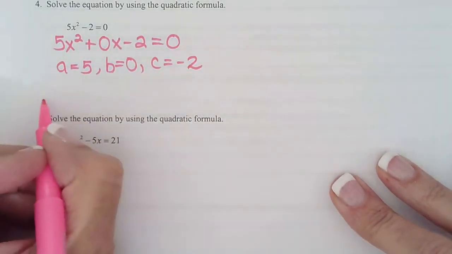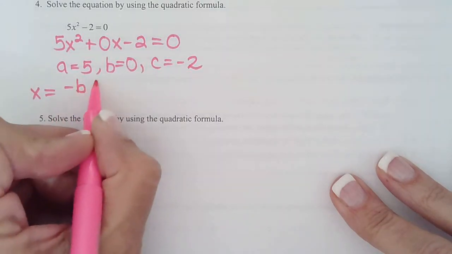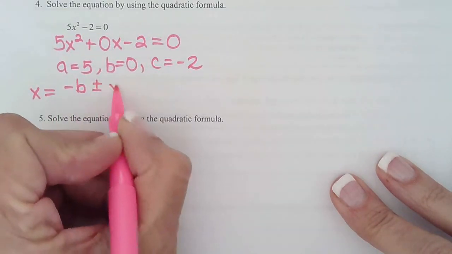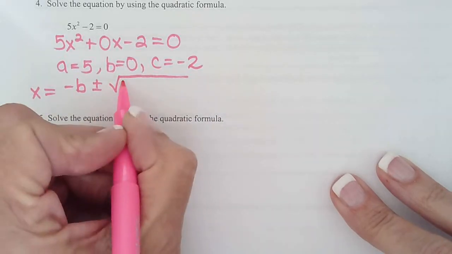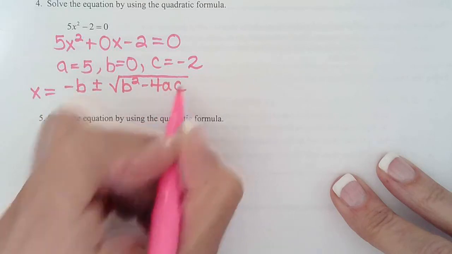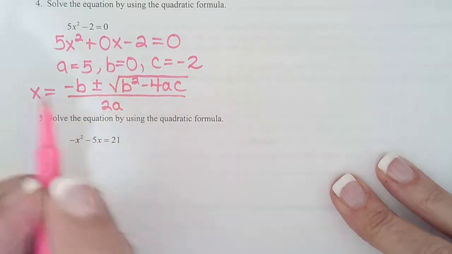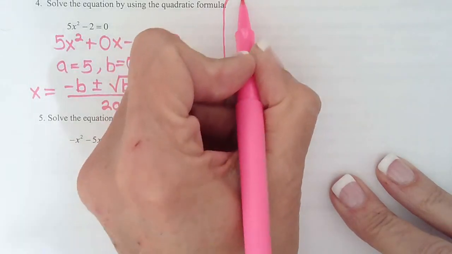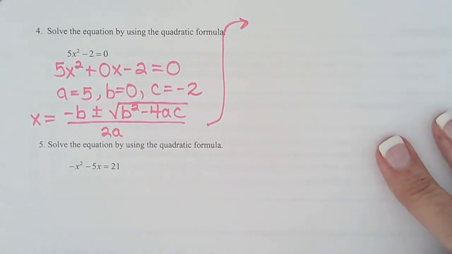So we're ready for the quadratic formula, so let's go ahead and write it. We're getting up towards 7. Should almost have it memorized. Opposite of b, plus or minus the square root of b squared minus 4ac all over 2a. So when we plug and chug, get up here a little bit so we have a little more room this time.